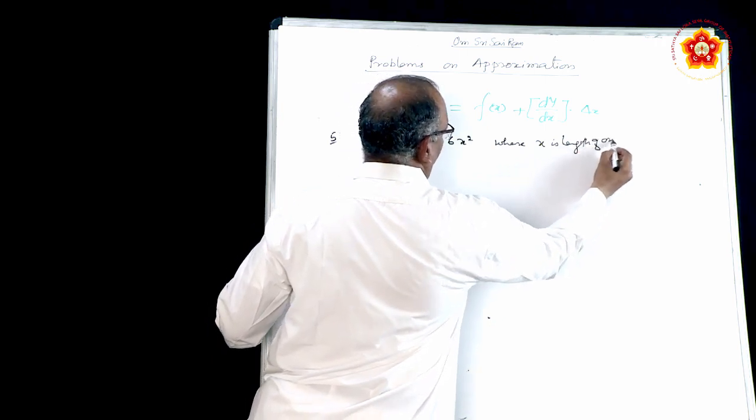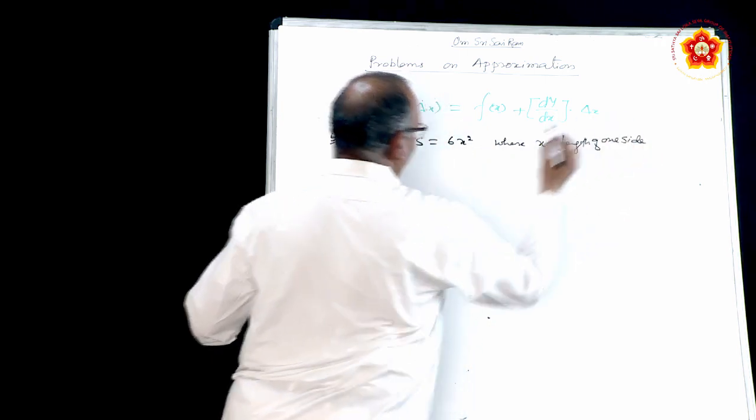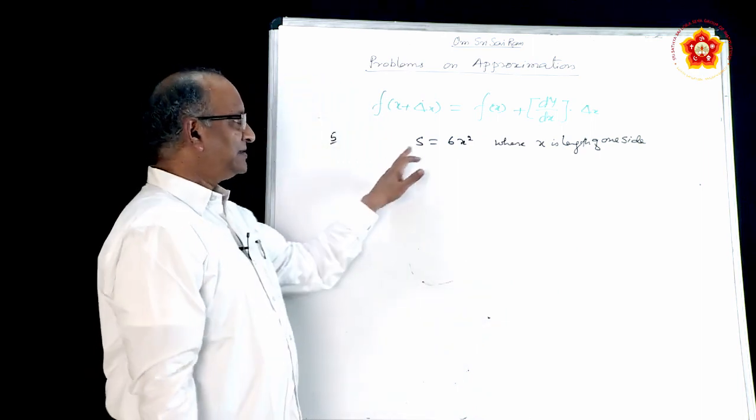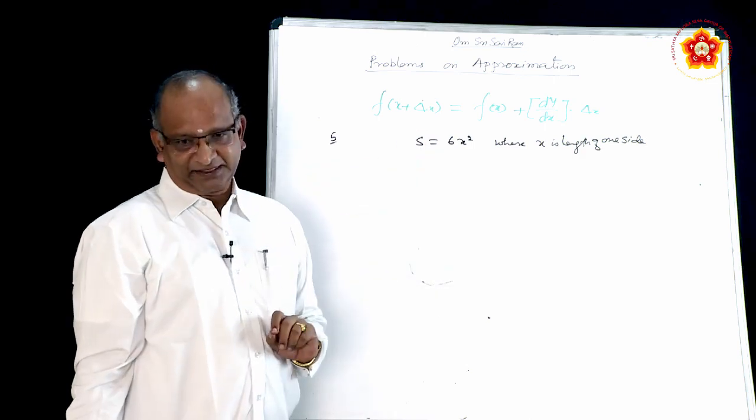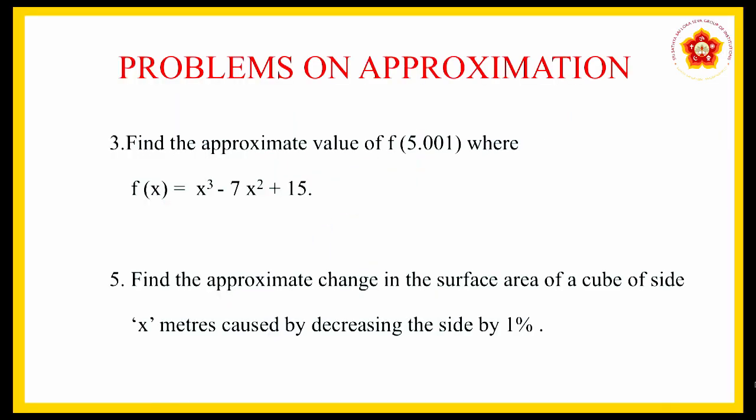the length of one side. If you take the length of one side as x, the surface area of the cube is S equal to 6x squared. And what does he say? He says, find the approximate change in the surface area. How will the surface area change if the side, which is x meter, is decreased by 1%? Let us say the length of the side was 5 meters.